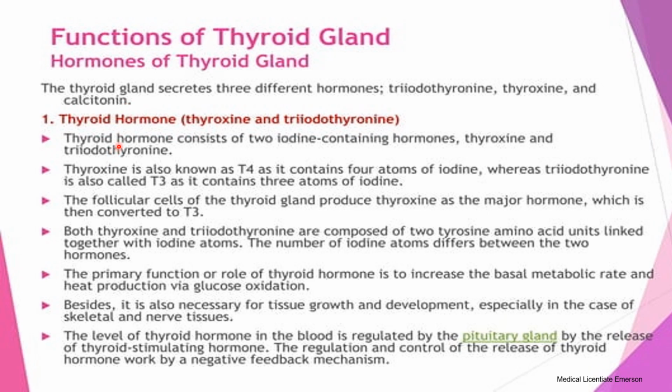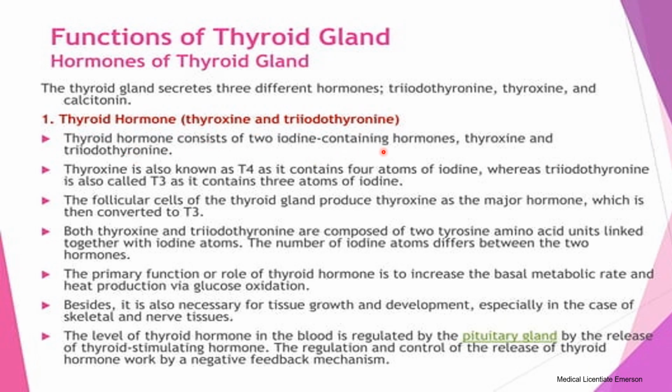I usually like to ask a matching question where I've put thyroid gland, but I've removed the T3 and T4. There's only calcitonin. So you also need to remember that calcitonin is one of the hormones secreted by the thyroid gland. The thyroid hormones are thyroxine and triiodothyronine.